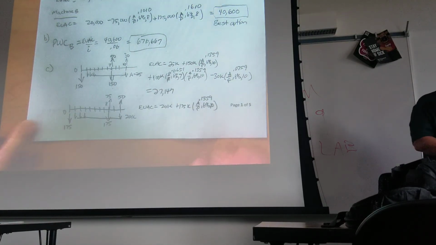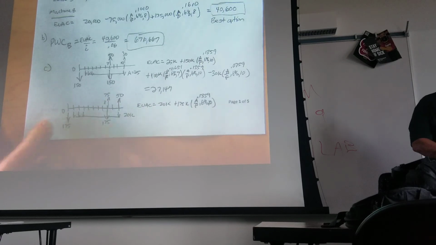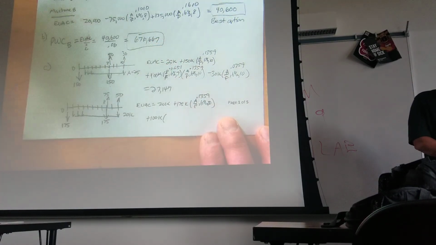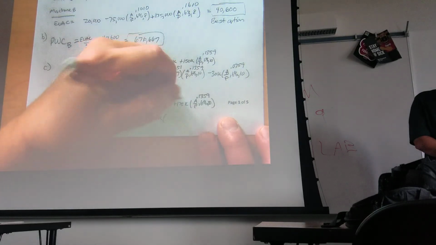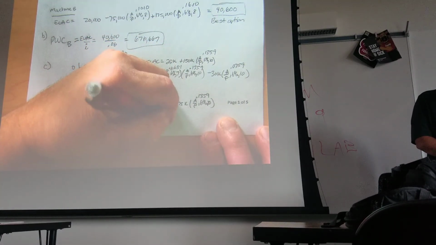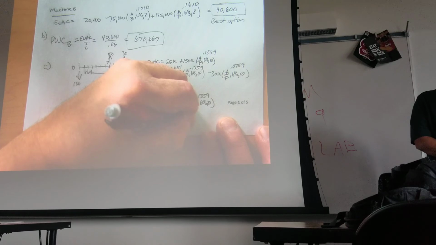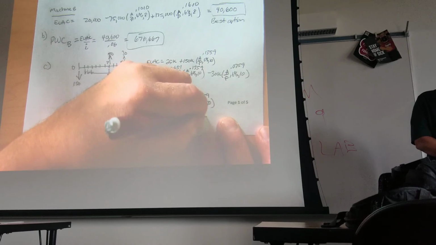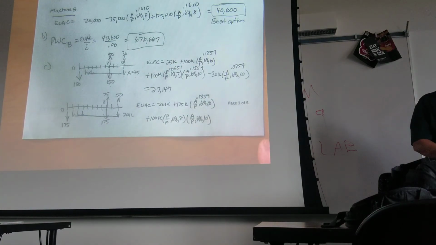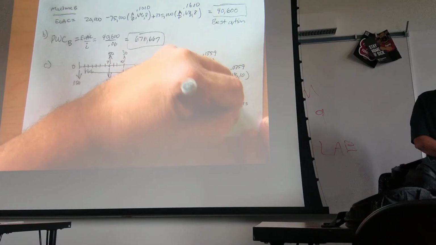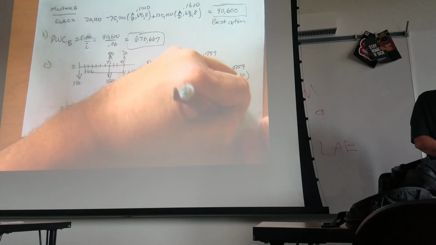Okay, and then here we've got 175 minus 75 is 100. It's F times P over F, 6%, 8, because it occurs at 8 instead of 7, times A over P, 6%, 10, and then the final salvage of 50 times A over F, 6%, 10.